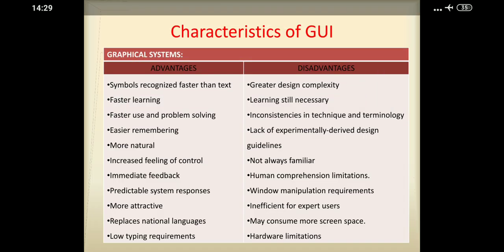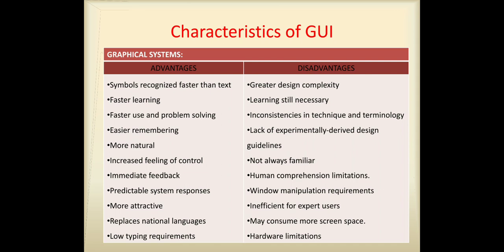Though we have seen a set of advantages of graphical systems, there still exist some disadvantages too. Among these disadvantages, the very first one is greater design complexity. That is, the controls and basic alternatives must be chosen from a pile of choices numbering in excess of 50. This design potential may not necessarily result in a better design unless proper controls and windows are selected.